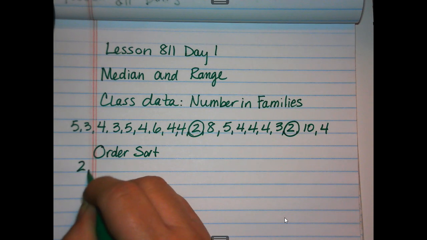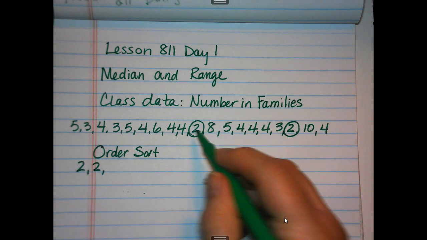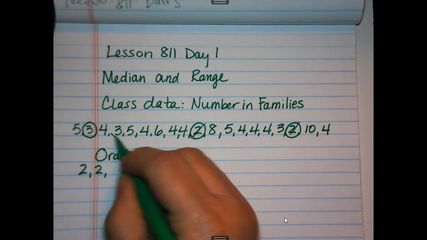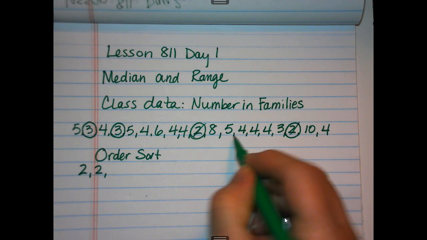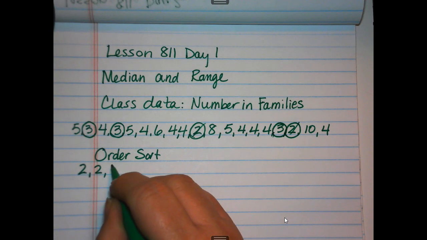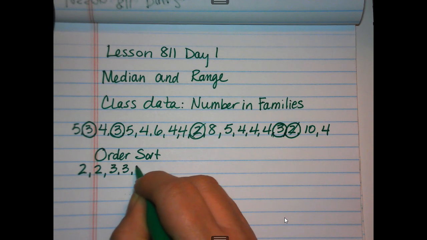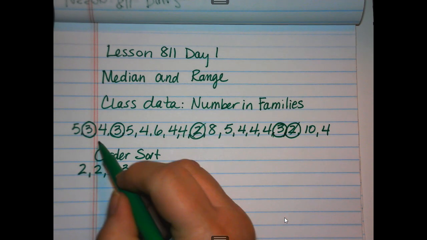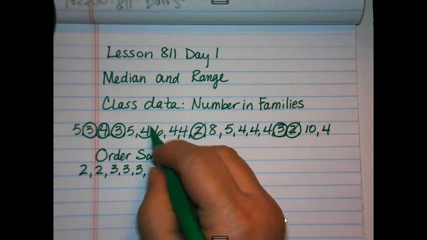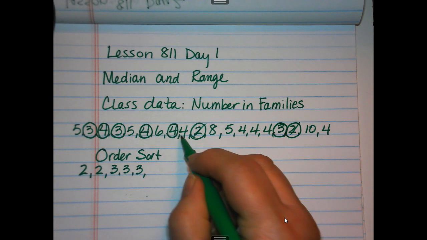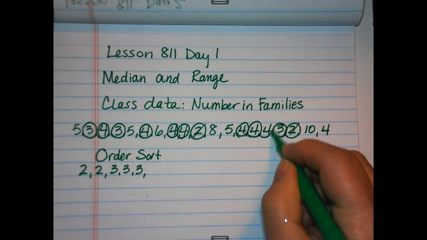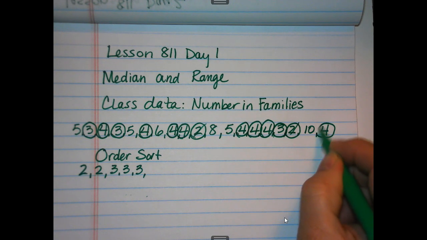Right here, I've got 2 2s. Take care of that. And the next number in order would be 3. There's 1, 2, 3 3s. Then I move to my 4. 1, 2, 3, 4, 5, 6, 7, 8 4s.